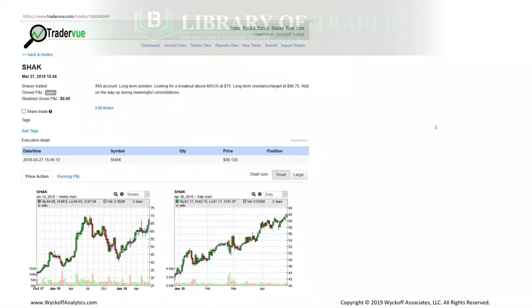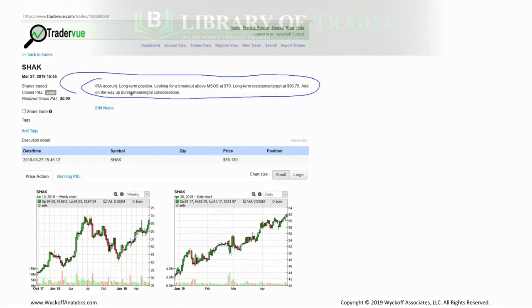You could look at your position, look at the charts, have some kind of notes about the position. So here I'm saying long-term position in Shake Shack, looking for the breakout.